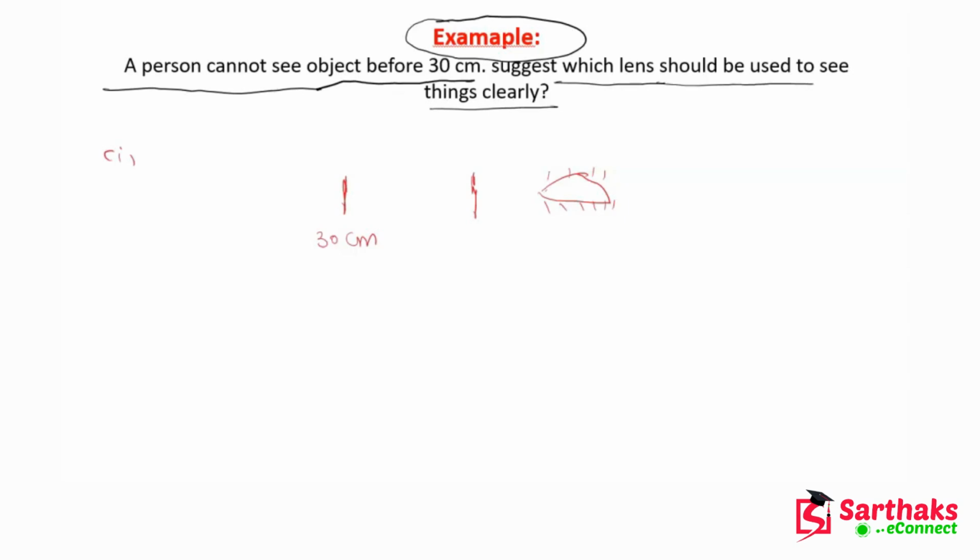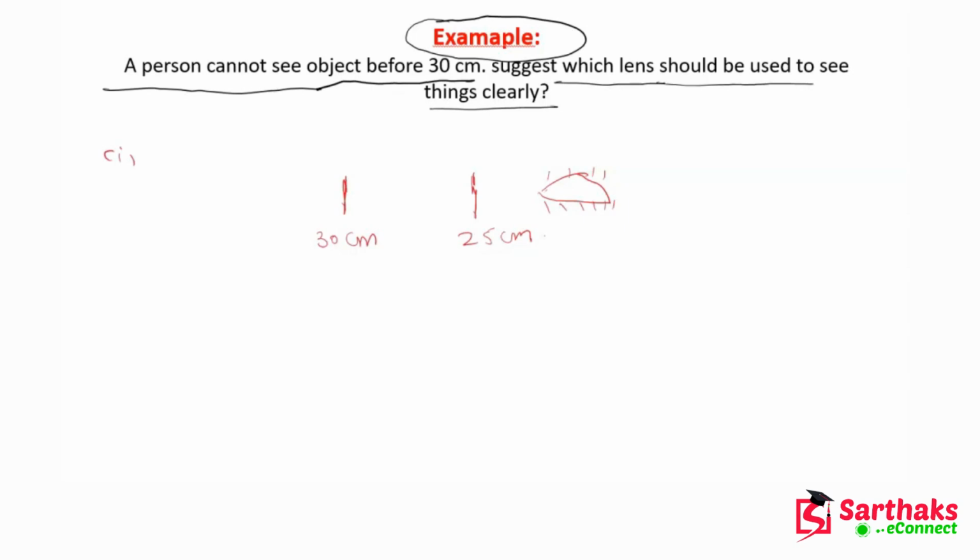So what is the near point of a normal person? The near point of a normal person is 25 centimeter. Things beyond 25 centimeter can be seen by a normal eye. But here the near point has changed to 30 centimeter.